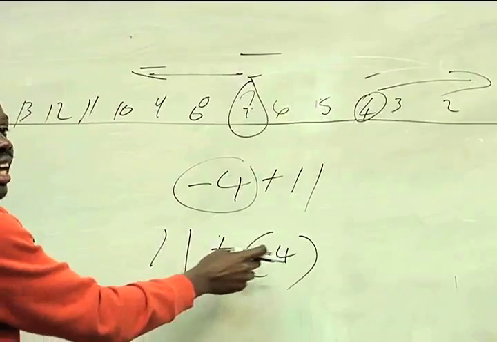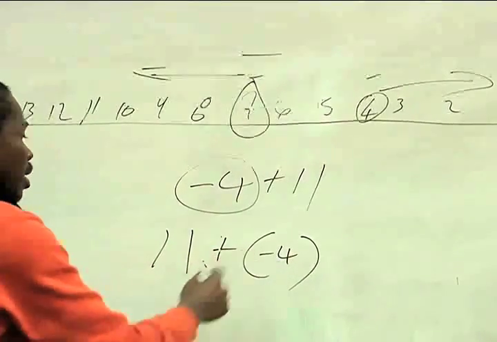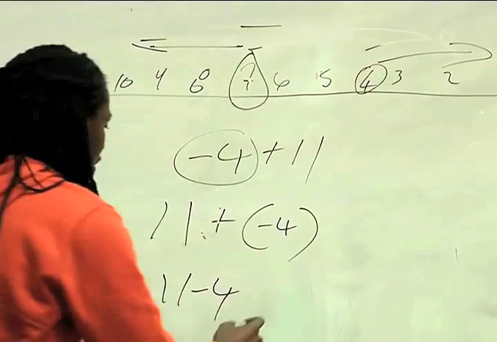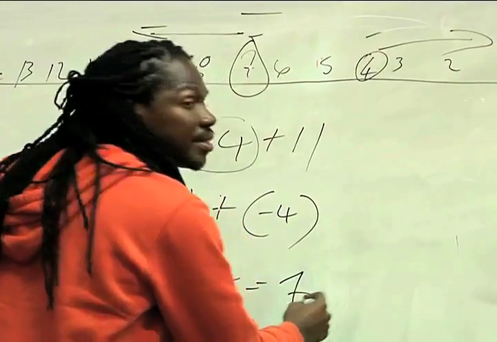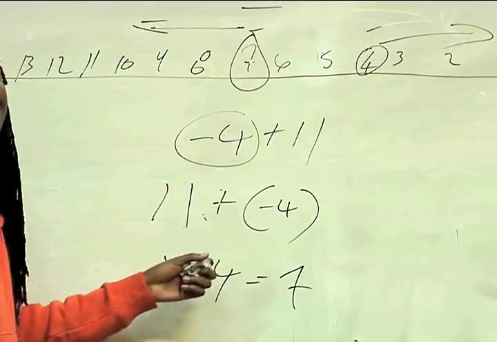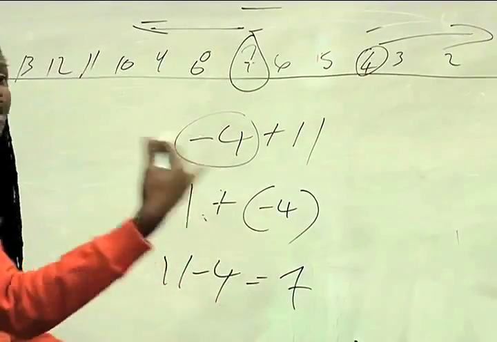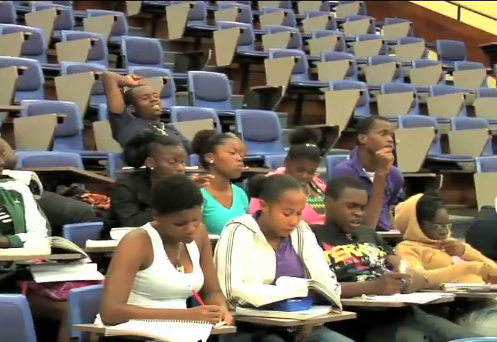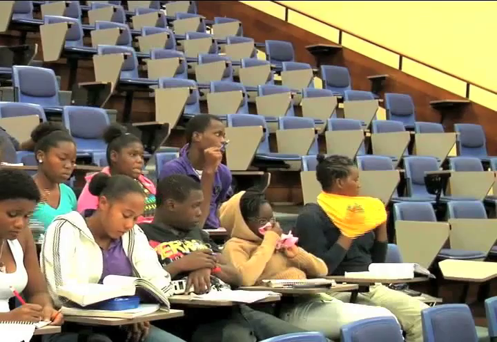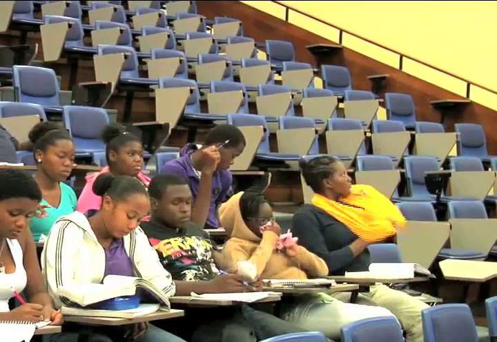Plus minus gives you minus because the signs are different. So it means 11 minus 4 equals 7. You see it?